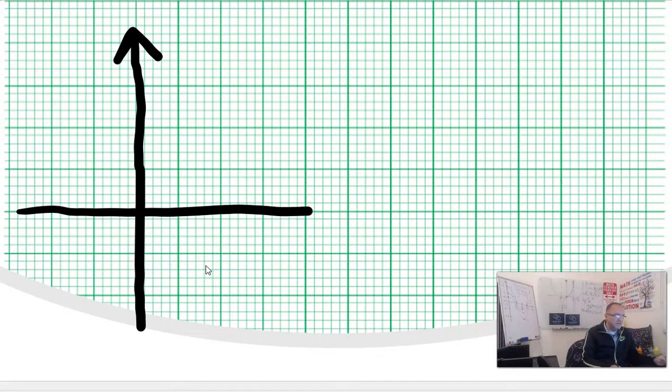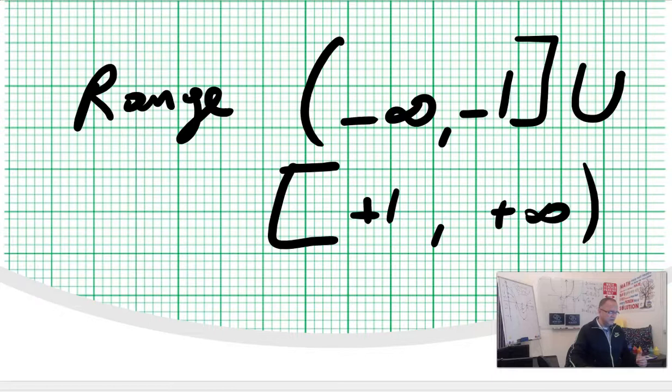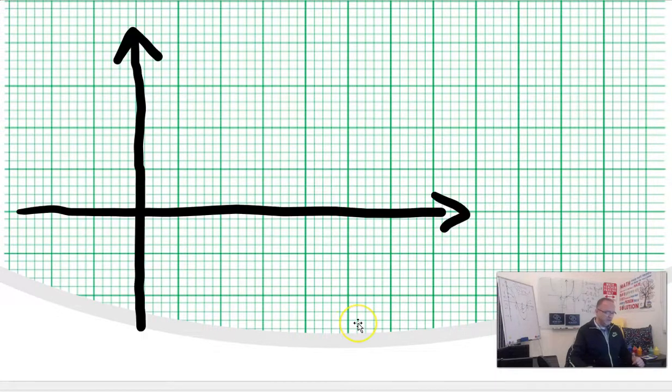One with a vertical asymptote, because there is something in the denominator that is going to make the function undefined or no solution. And at the same time, the denominator compared to the numerator, which is always 1, stable, is a small fraction. So that's why the solutions are always larger than 1 in absolute value. That's why between -1 and +1, there is no solution. That's why the range is this union, including the +1 and the -1.